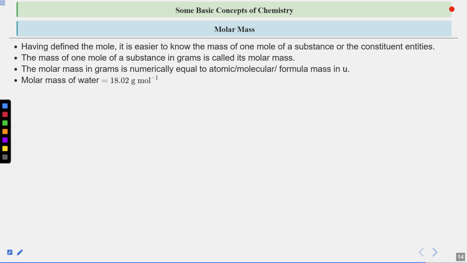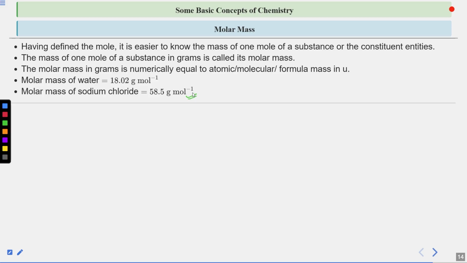Hence, we can say that the molar mass of water is 18.02 gram per mole. If I ask you what the molecular mass of water is, you will say 18.02 u. If I ask you what the molar mass of sodium chloride is, you will say 58.5 gram per mole. Then what is the formula mass of sodium chloride?